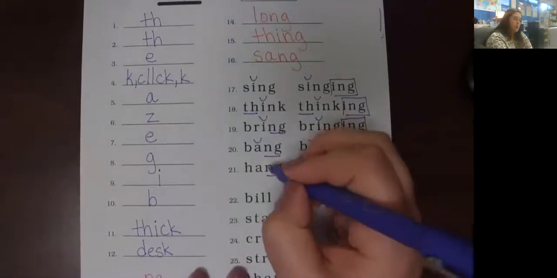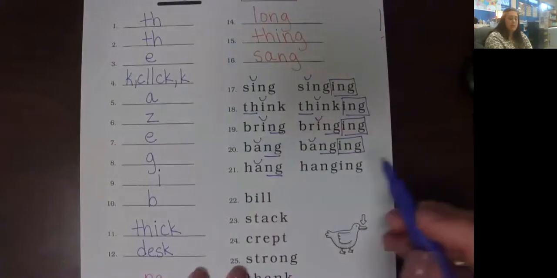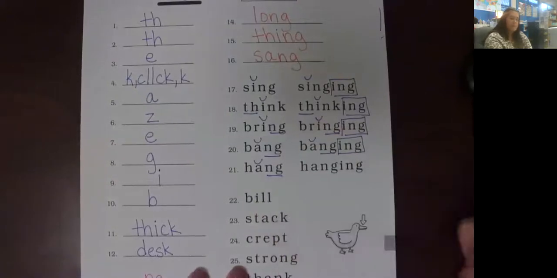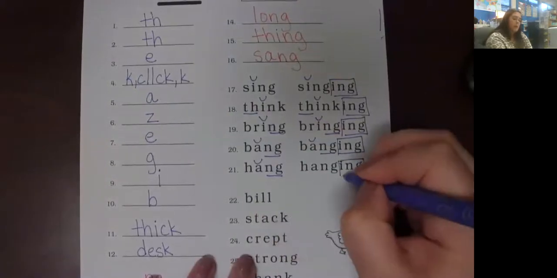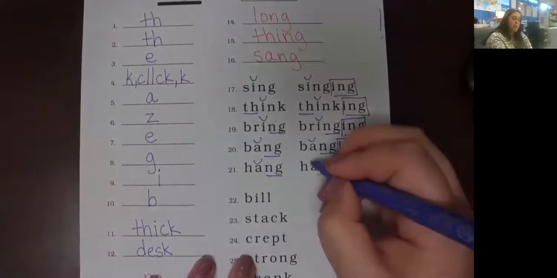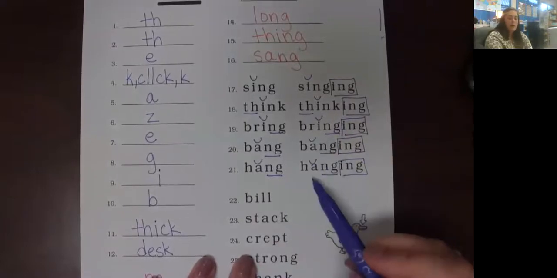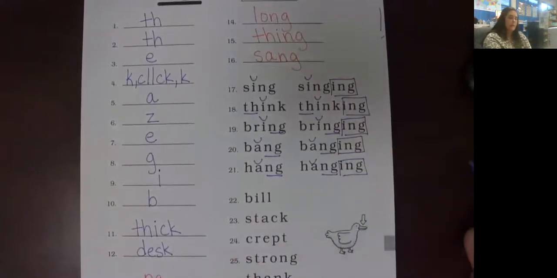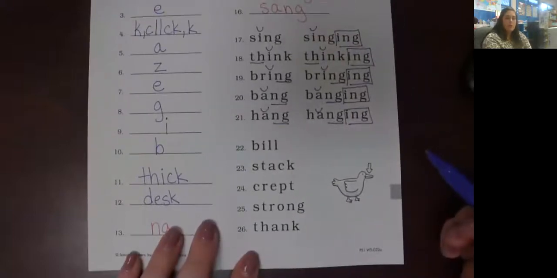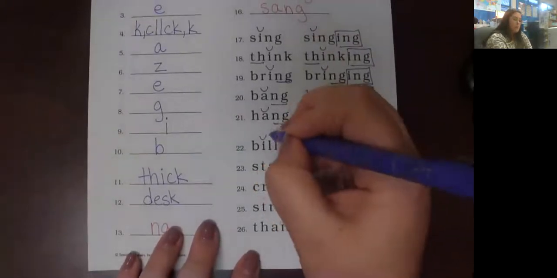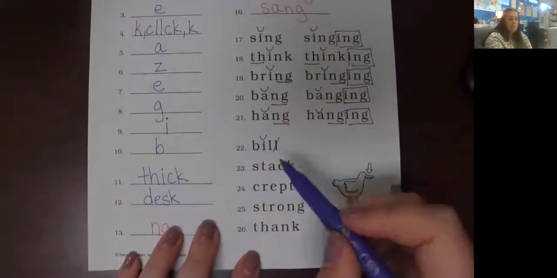Next one, digraph ng, A gets a breve. Hang. Next one, we have suffix ing, digraph ng, A gets a breve. Hanging.